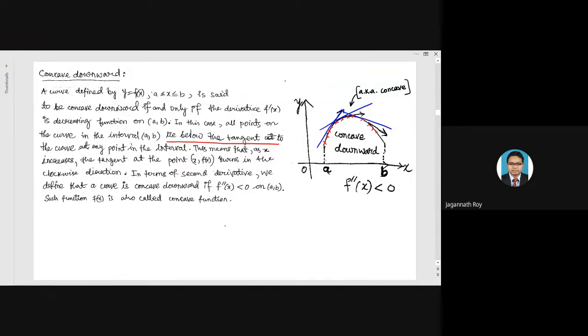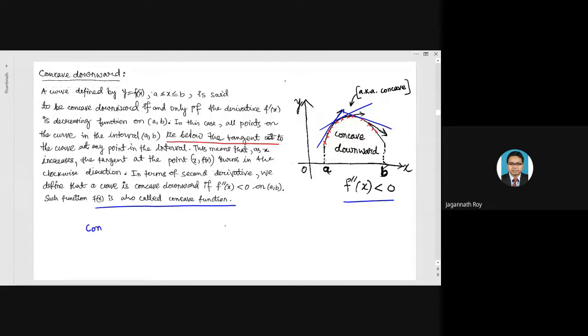And for this concave downward function, we will always have this relation satisfied. So a concave downward function is called a concave function only.